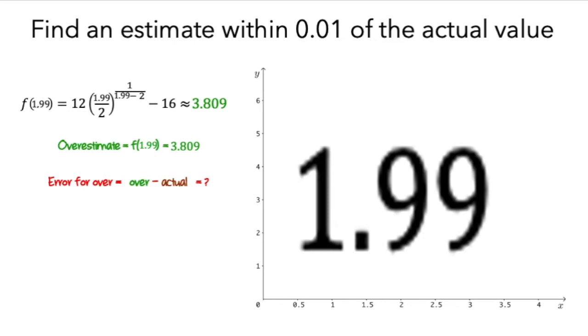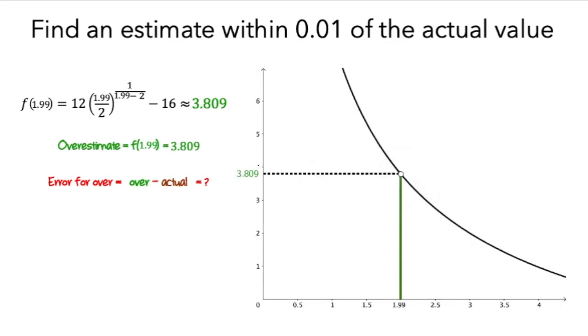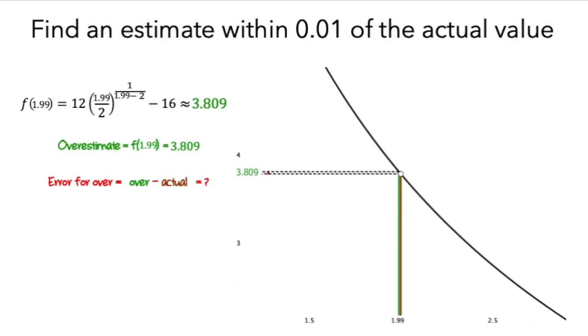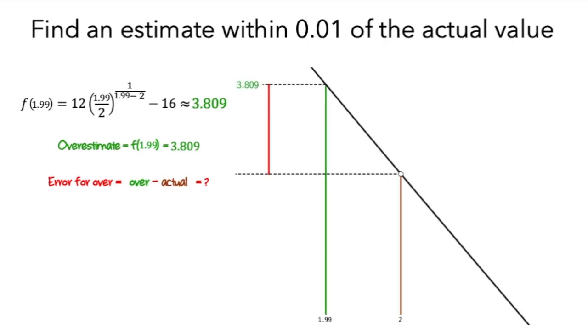Since the error is not even really visible on the graph, we might think that the overestimate may now be within 0.01 of the actual value. Let's zoom in on the graph to better see the error. Since we do not know the actual value of the height of the hole, even though our approximation is better, we don't know for sure if the error is less than 0.01.